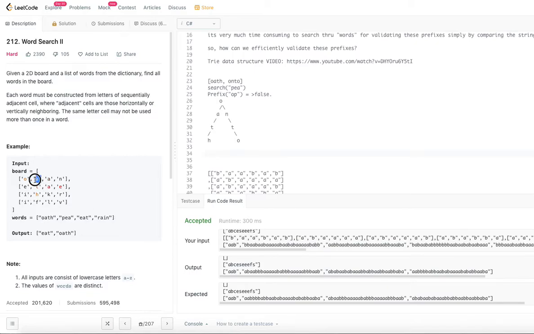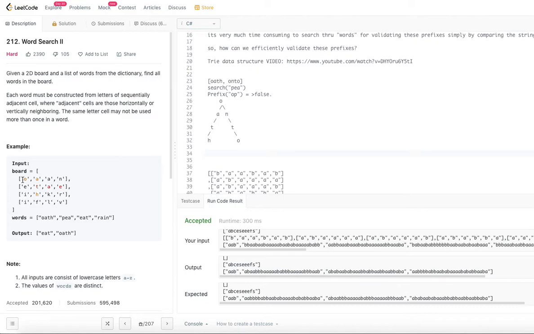No, so we don't have to go further. Again A, no. N, no. E, yes, we have a word starting with E, so we go further. T, no. A, no. E, yes. I, no. H, no. K, R, yes. So whenever we search through the prefix tree, if the prefix is available, then we go further, otherwise we don't. That is a simple logic.